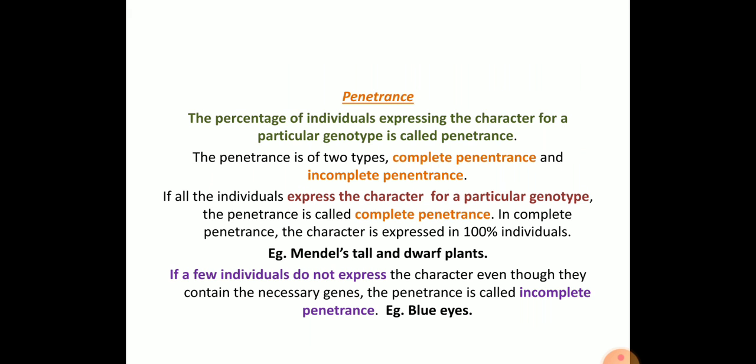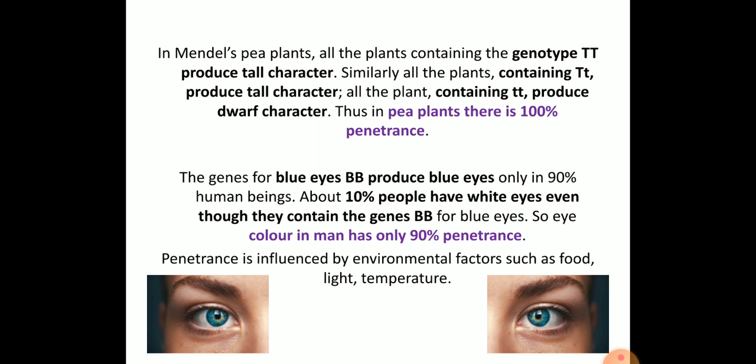So the example is blue eyes. As you can see in the picture, like blue eyes, how they usually change in terms of the genotype. Genotype capital T and capital T will be the example for Mendel's tall plant. But capital B and capital B produce blue eyes.